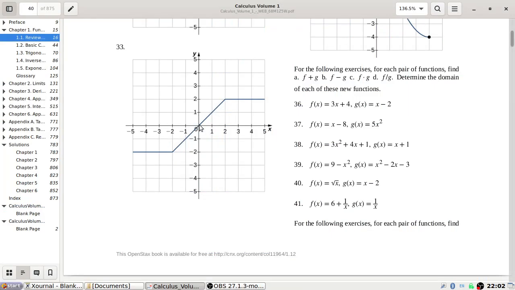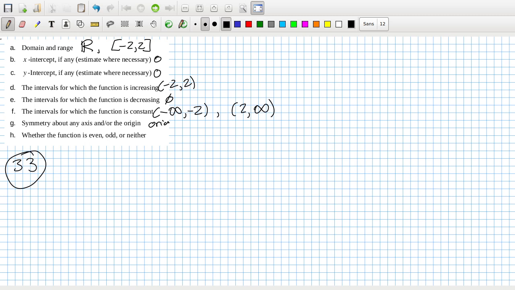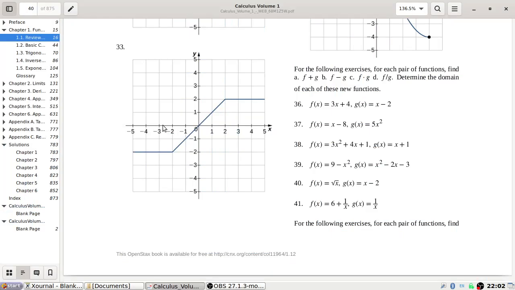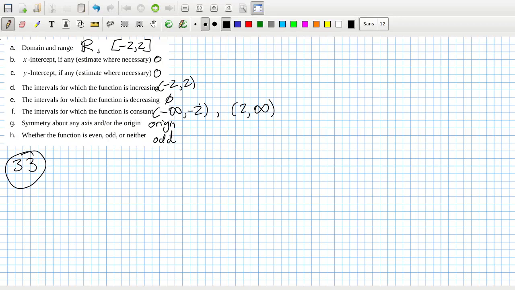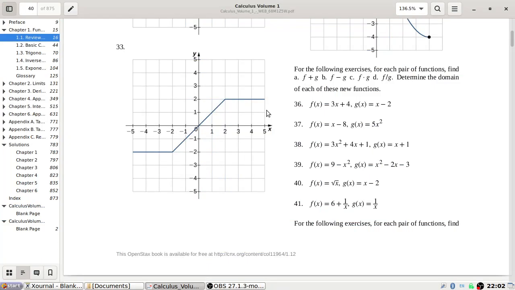Symmetry, it's through the origin, which makes it odd. Well, what's really important is consistency. So even though now I'm doubting whether I should have had the union symbol in it, it's important to be consistent. So I'll go back to writing the union symbol. I thought from looking at the answers, commas would have been better, but let's not stress about them.